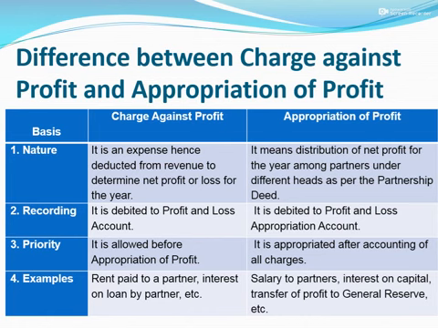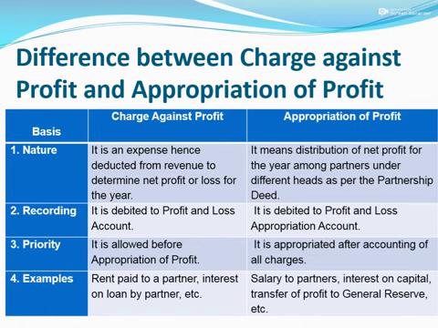So the first is, on the basis of nature, charge against the profit is an expense which is deducted from revenue to determine the net profit or loss for the year. It means before the calculation of the net profit, we deduct these expenses from our revenue. After the adjustment of these items only, we are able to calculate our net profit.